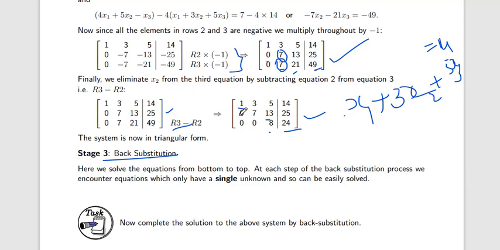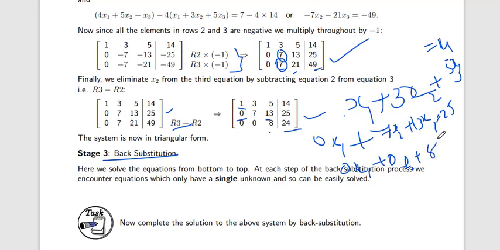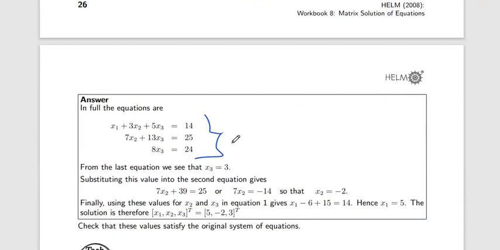Then 0x1 plus 7x2 plus 13x3 is equal to 25. Then 0x1 plus 0x2 plus 8x3 is equal to 24.